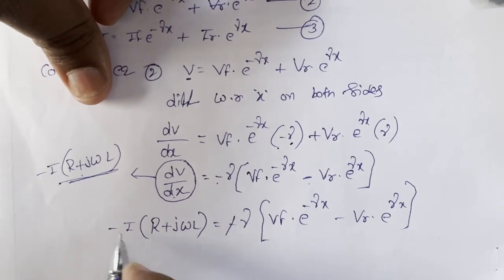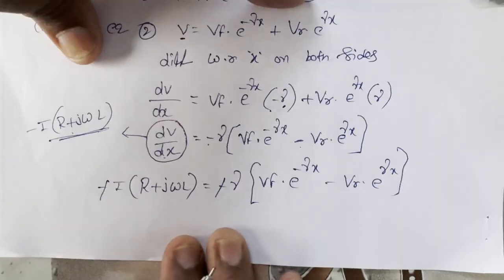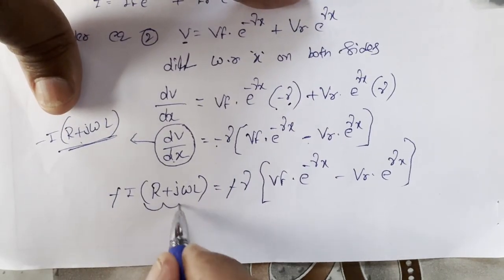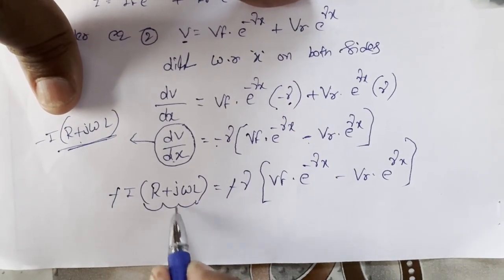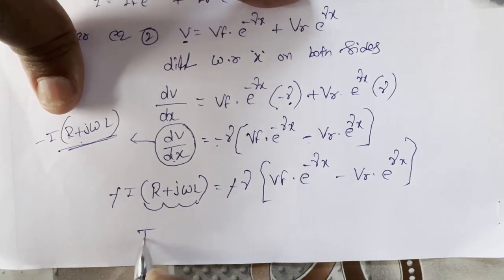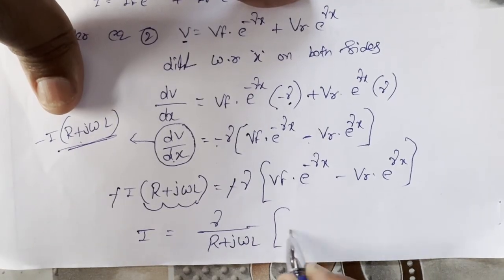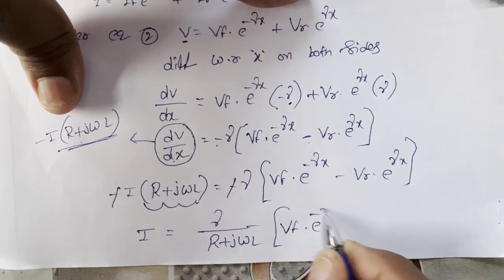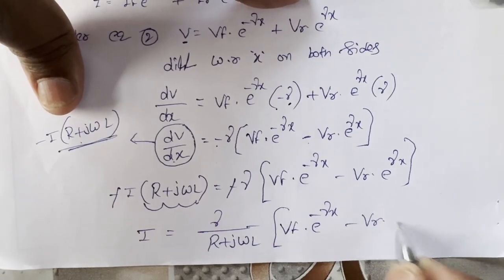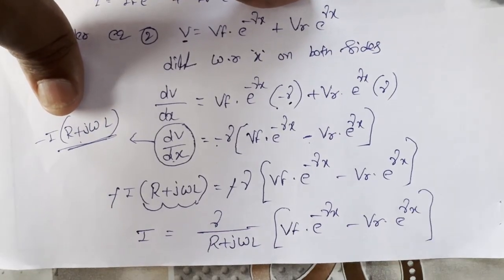Here the minus signs cancel, and taking r plus j omega L to this side, I equals gamma by r plus j omega L into Vf into e power minus gamma x minus Vr into e power gamma x.